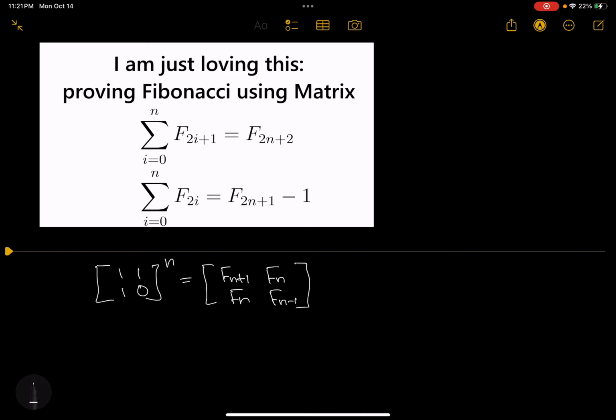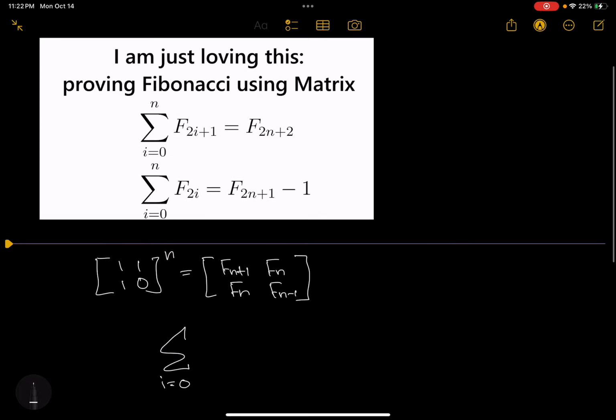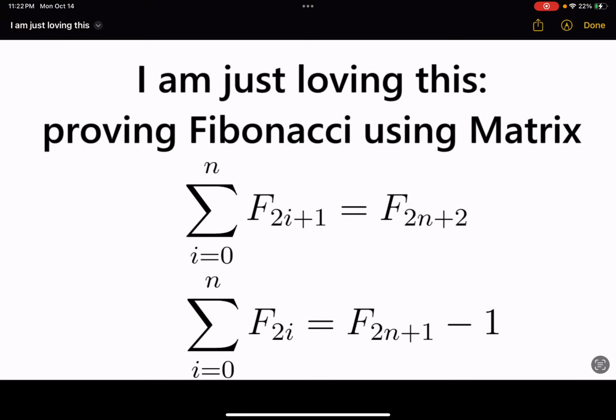And we exploited the same property to find the sum of Fibonacci numbers. Now, in this video, we are again using the same thing to find the sum of odd and even Fibonacci numbers. I will try to evaluate this sum to prove the first theorem, the first one.